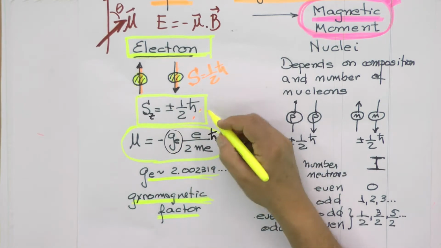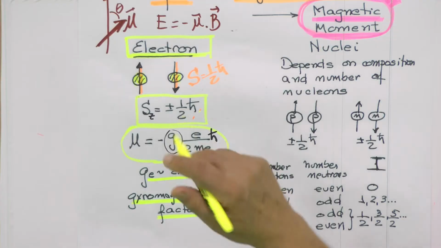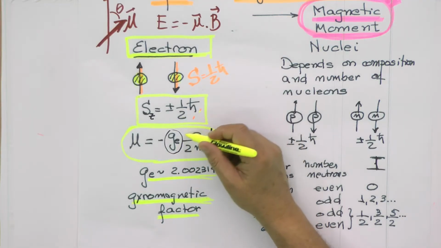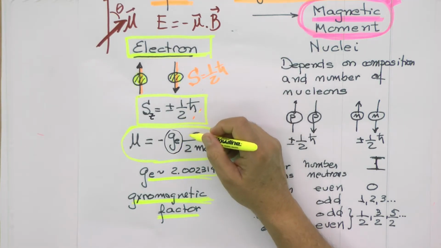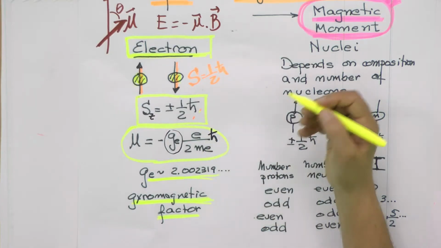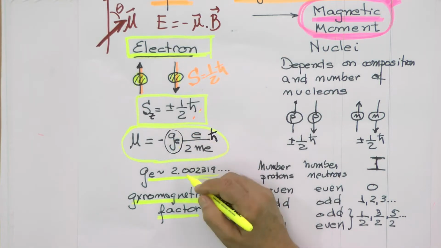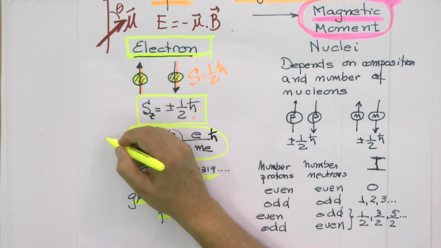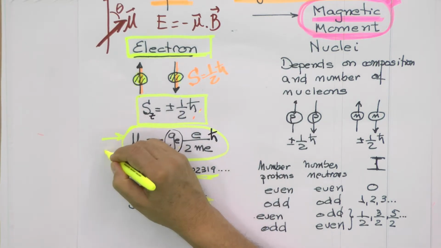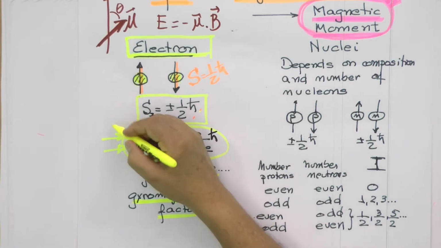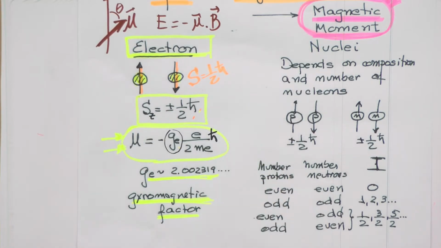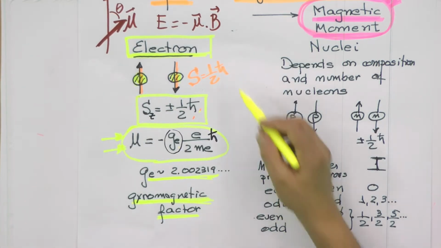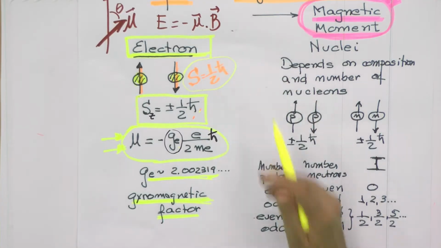If it were a classical electron rotating with some angular momentum, we would stop here. But because it is an intrinsic property, there is this g that is about 2 in value. So that's the magnetic dipole moment associated with the electron, because it has this angular momentum intrinsically.